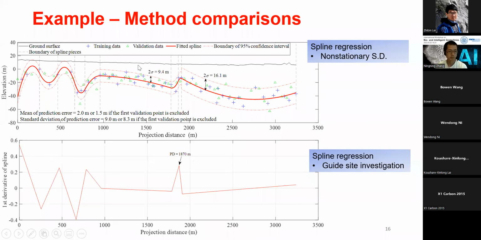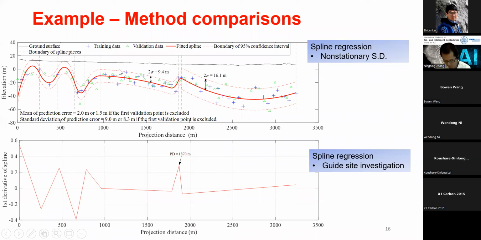And furthermore, for these spline regression methods, as I have mentioned, they consist of different pieces of polynomial functions. So we can use these different pieces to capture the non-stationarity in the uncertainty.